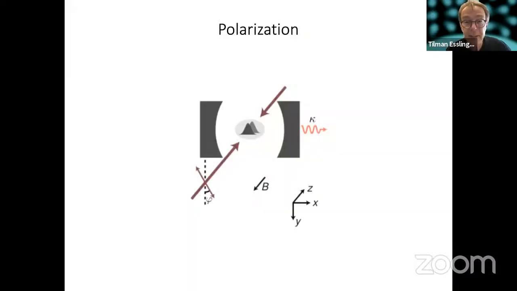And for this, we have to look at one additional thing, and that is what is happening if we change the spin polarization of our pump laser. That is illustrated here.